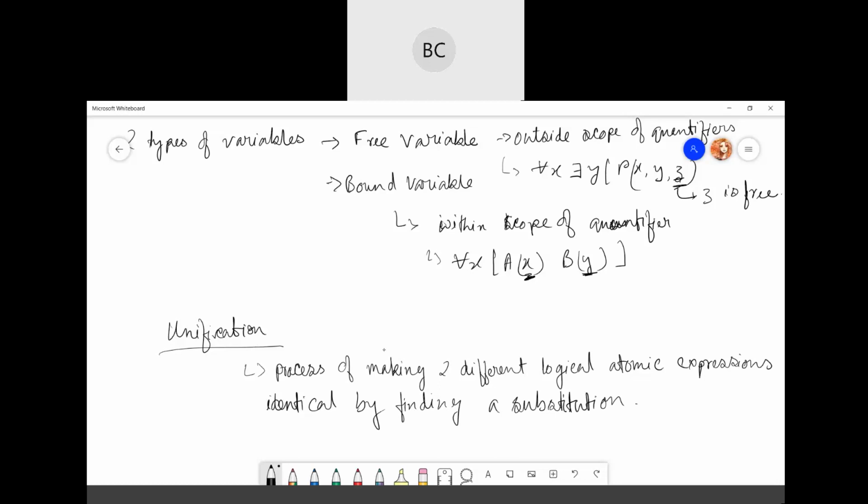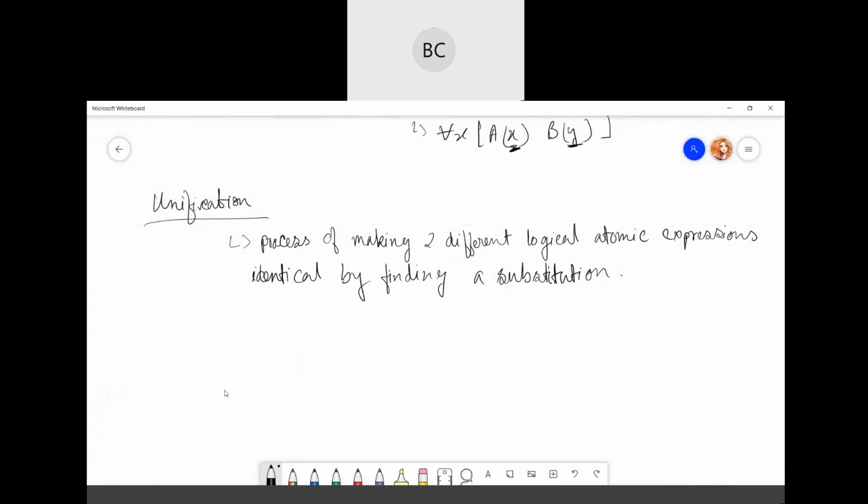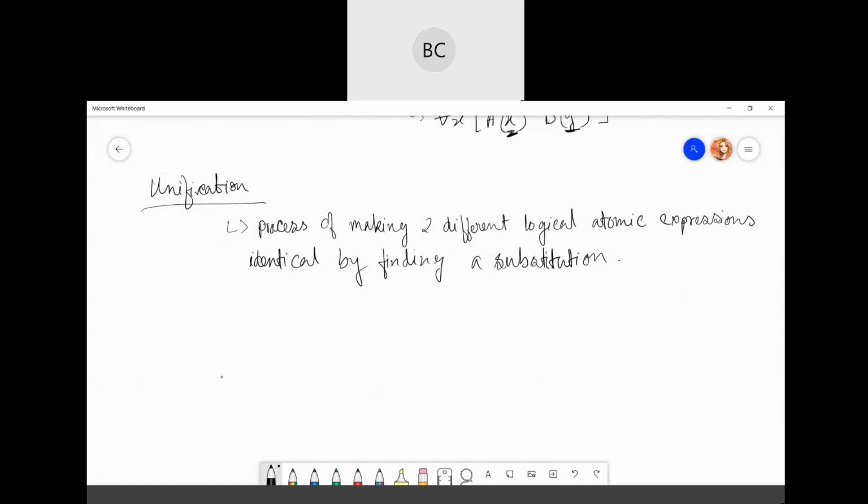So the unification process will mainly depend on the substitution process. It takes two literals as input and makes them identical with the help of a substitution. For example, let's say you have two atomic sentences P1 and P2, and rho is your unifier.